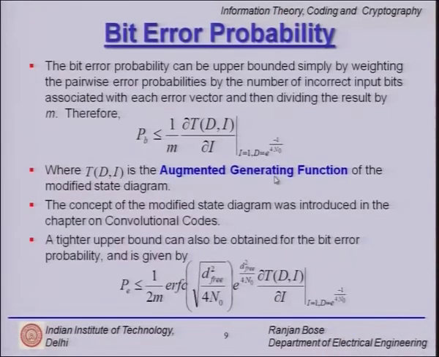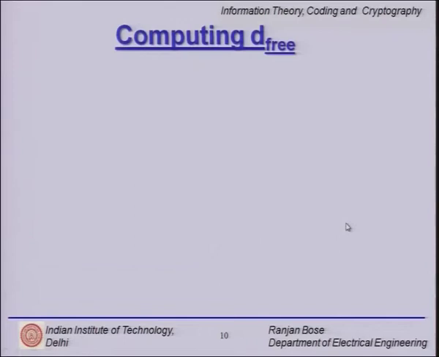A tighter upper bound can also be obtained for the bit error probability and is given by the following expression. You see that d free figures prominently in all of these expressions, again establishing the fact that it is the single most important parameter. Of course, for the probability of error expression, the noise power also figures in the expressions.